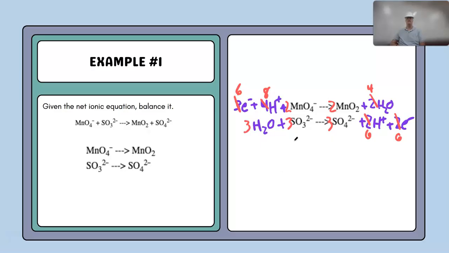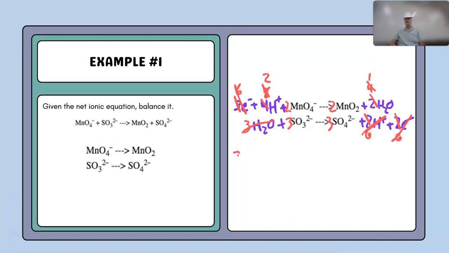That's pretty easy to start off with. I've got 8 H pluses and 6 H pluses, so if I cancel this to 2, I can get rid of all of these. Of course, my electrons are gone. I've got 4 water on the right, 3 on the left, so I'm going to make this 1, getting rid of all of these. So I want to rewrite this so I can see this clearer and be able to change this into a basic form.